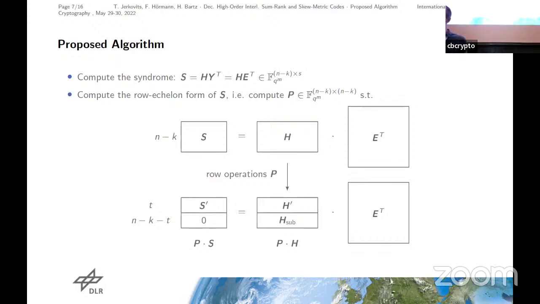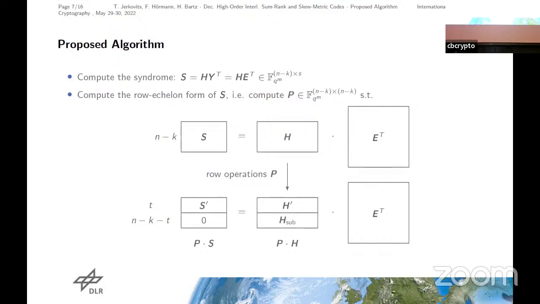which describes the row operations that are needed to transform S into a matrix such that we have an all-zero matrix in the last n minus k minus t rows. This is exactly the case if we have the full rank condition. If we don't have the full rank condition, then it's at least this many zeros.